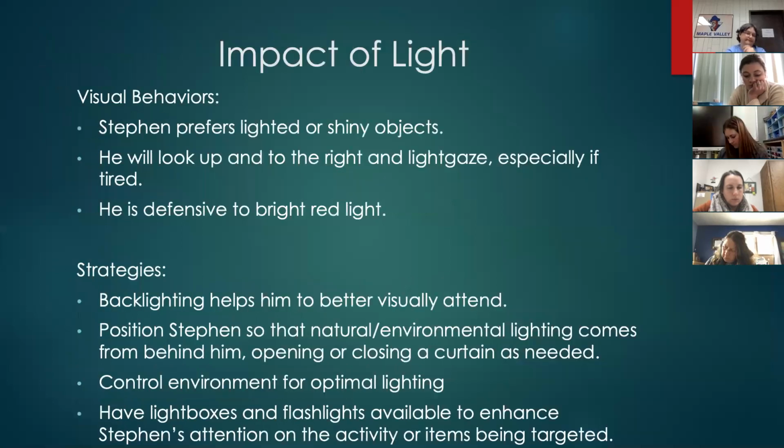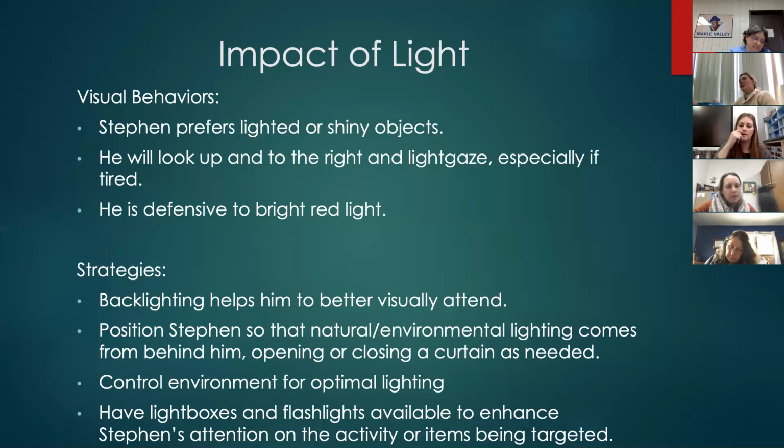Now we're going to talk a little bit about the characteristics of light. If you remember, last time we talked about light having different attributes. We would think about it not only in the lighting of the room, but in how things are presented. Sometimes backlighting is important. Let's look here at his behaviors.